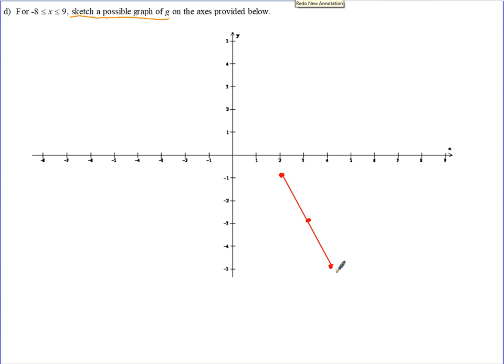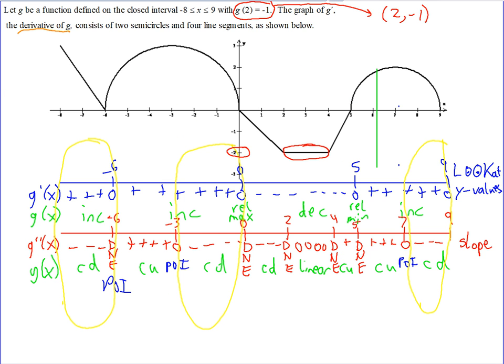The other points are not for certain besides these three. Just going to try to make it a nice smooth transition, decreasing concave up until we get to 5. We're just going to exaggerate the size of that point at 5 just to show something's going to change. So notice I leveled it off because at 5, see how the first derivative is 0?